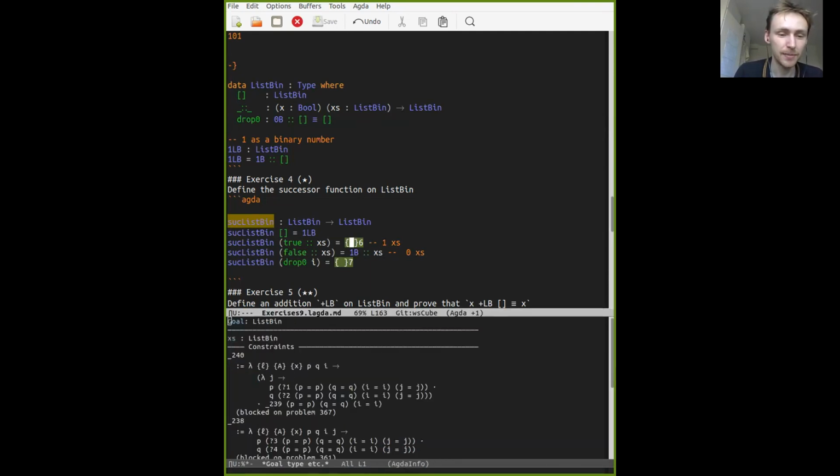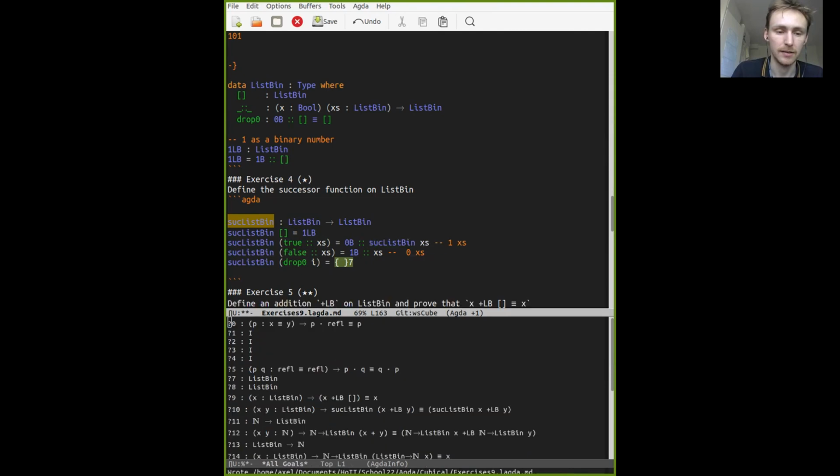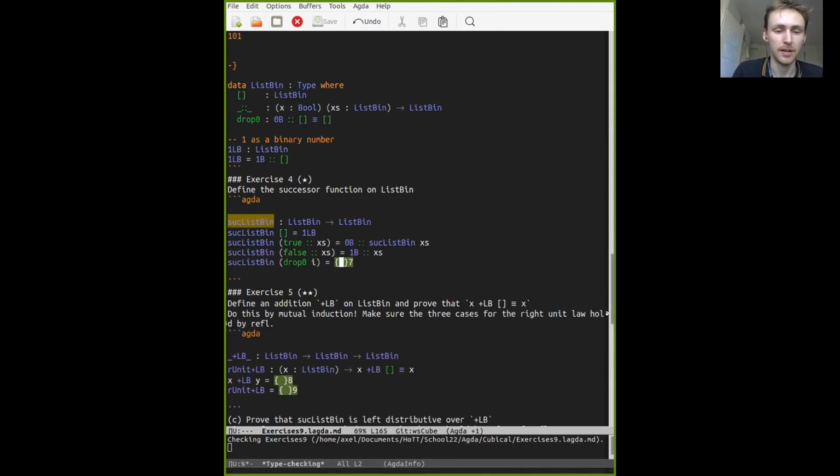And now this case is a bit more annoying. We want to shift everything to the right, so we want to make sure that the first position is now 0. But that's cool, because we can just apply suc-list-bin recursively to xs here. And this should give you the right thing.